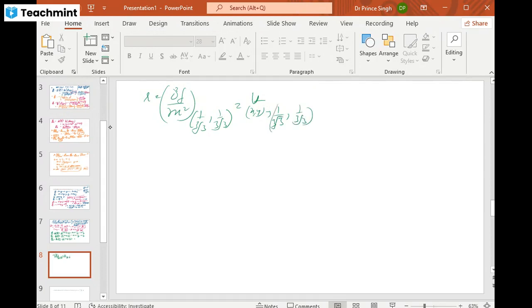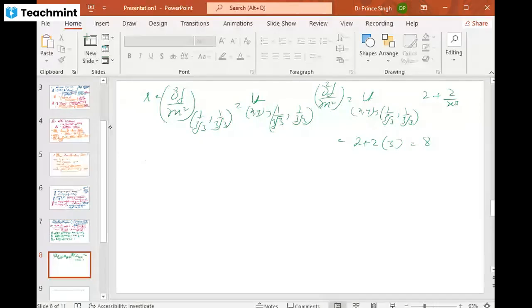Limit (x, y) approaches (1 upon cube root of 3, 1 upon cube root of 3) of 2 plus 2 upon x³. So x is 1 upon cube root of 3. So this is 2 plus 2 times 3, because its cube is 1 upon 3, so its reciprocal is 3. So 6 plus 2, 8.